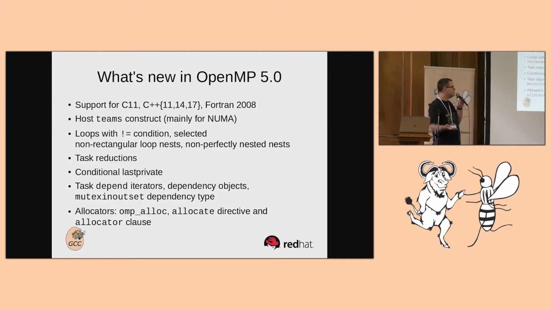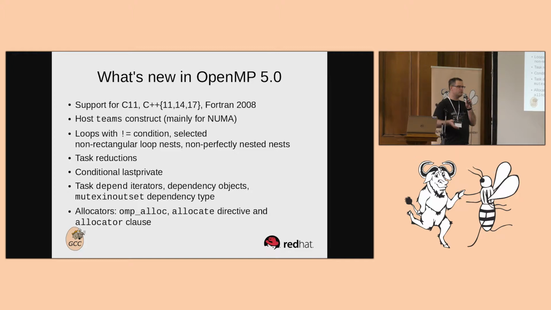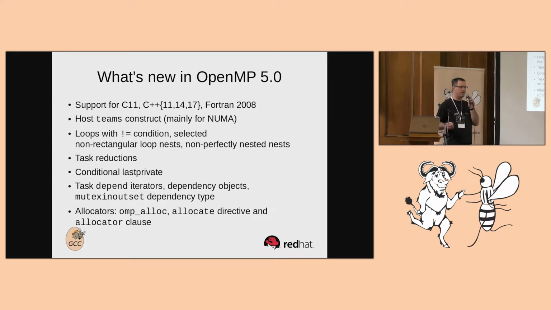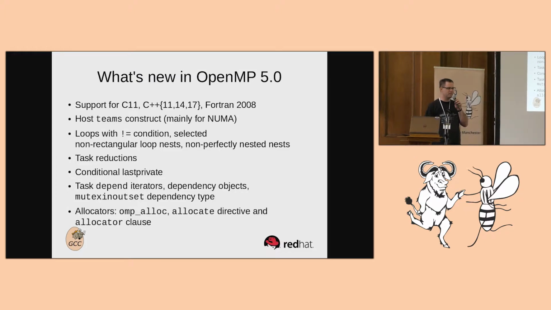There is also a list of the language features which are still not supported in OpenMP 5, but the list is quite short. If you use those features in connection with the OpenMP directives, then it's unspecified what it does. But otherwise, you should be able to use those language features in the same translation unit as OpenMP and get some reasonable result.